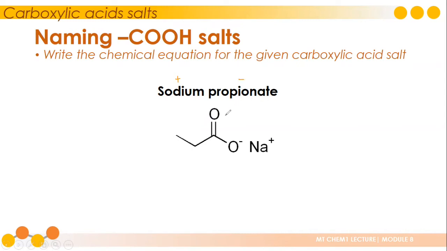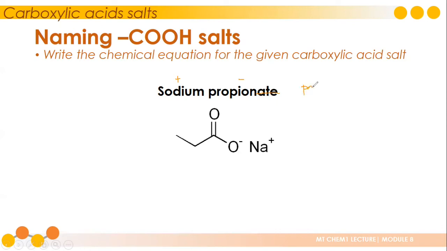To identify which acid and which base is used in this one, the easiest way for you to identify is to look for the acid. And how do you look for the acid? You just simply have to revert it back to the acid form. The carboxylate ion, you revert it back to its acid form. How? Simply remove ate at the end.